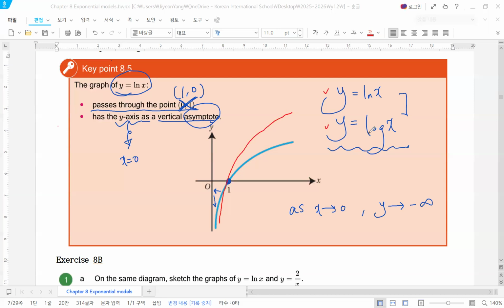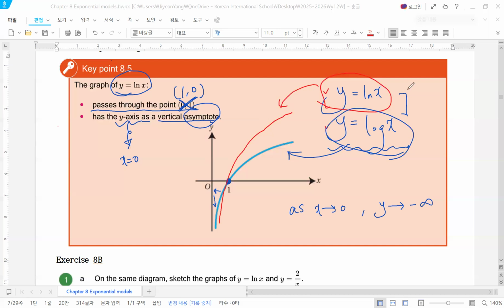Please check your calculator and tell me. The first one is the red one, okay? And the second one is the blue one.